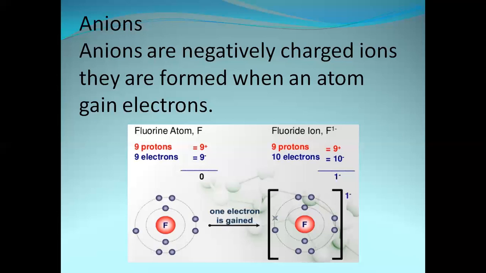Then we studied how cations are formed. Cations are always formed whenever an atom in a particular chemical reaction loses an electron or number of electrons. As a result, the cations have a positive charge on them.